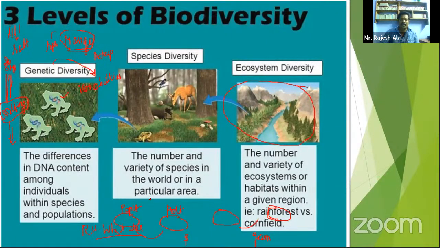He gave the 5 kingdom classification: Kingdom Monera, Kingdom Protista, Kingdom Fungi, Kingdom Plantae, and finally Animalia. This order is important. R.H. Whittaker gave the kingdom classification of organisms, popularly called the 5 kingdom classification.